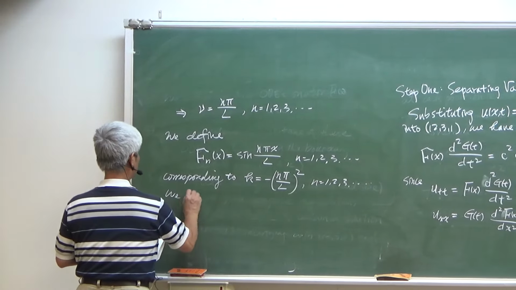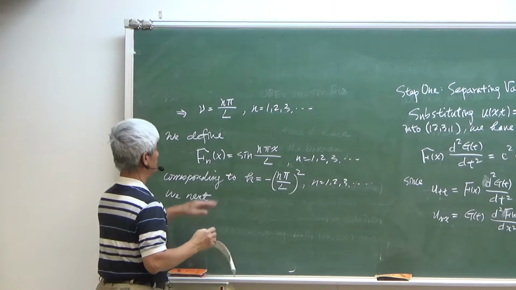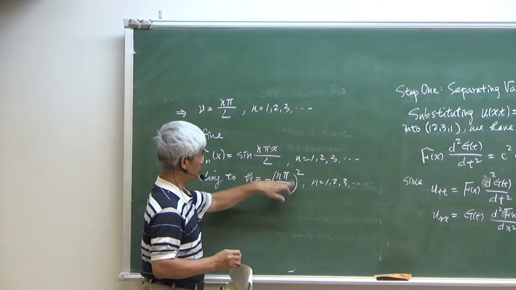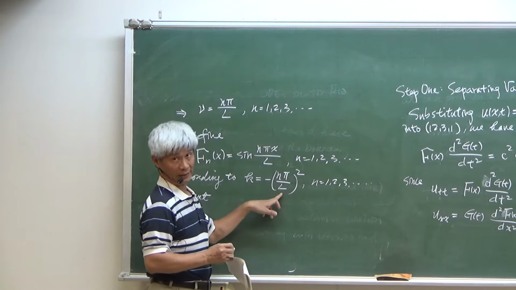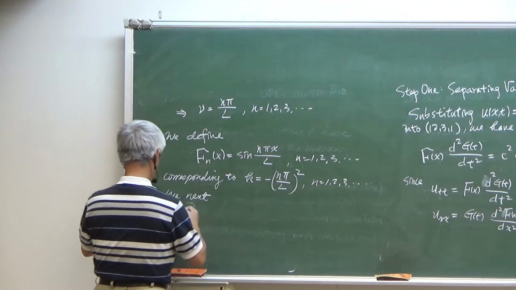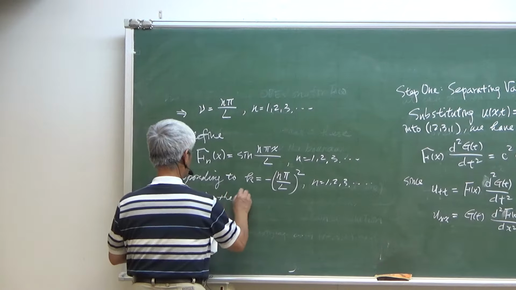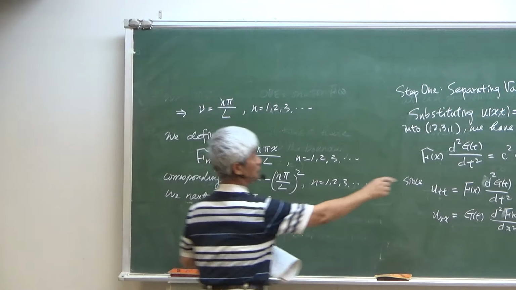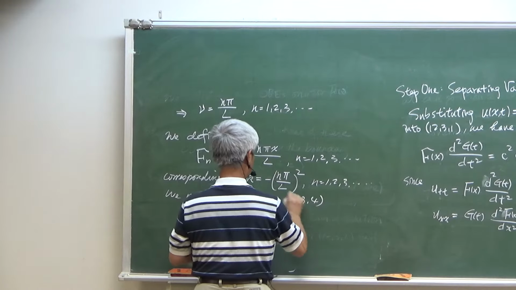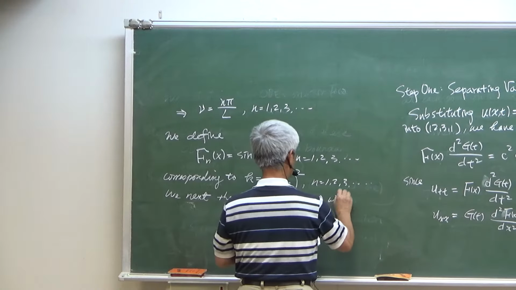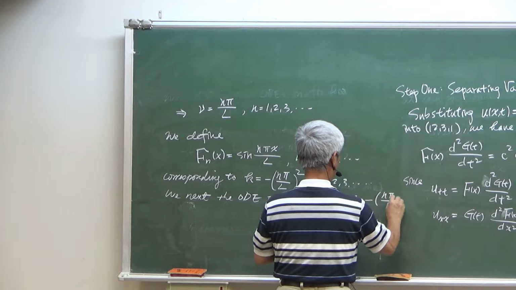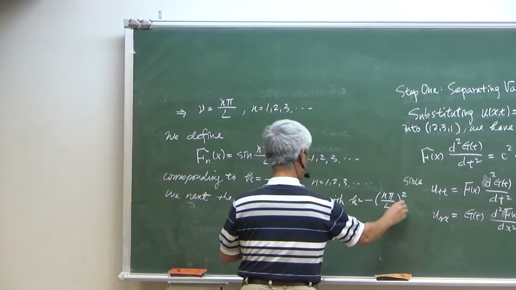So now k has special values, which is equal to minus the square of n pi divided by L, for all n equal to 1, 2, 3, etc. So now we next solve the ODE here in 12.3.4, with k equal to minus n pi divided by L squared.